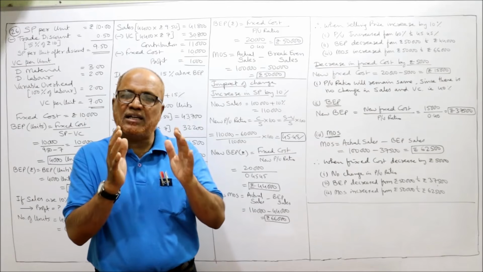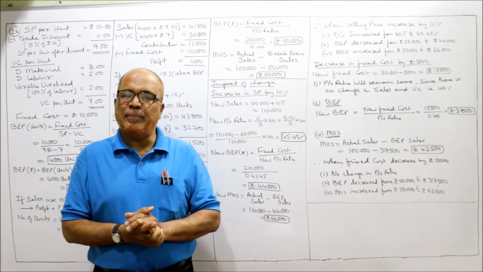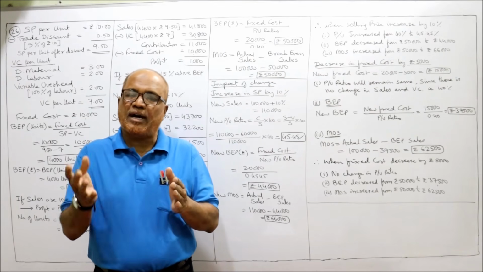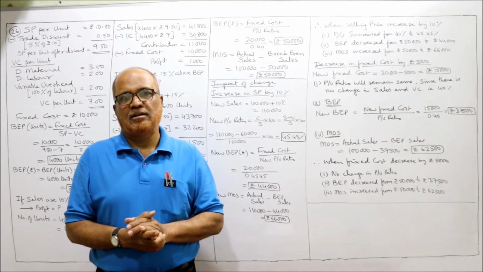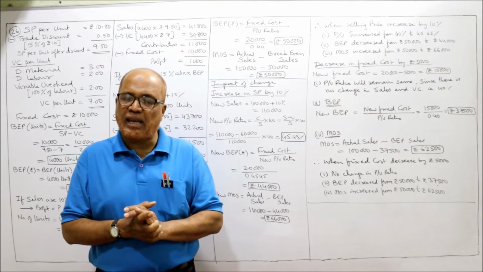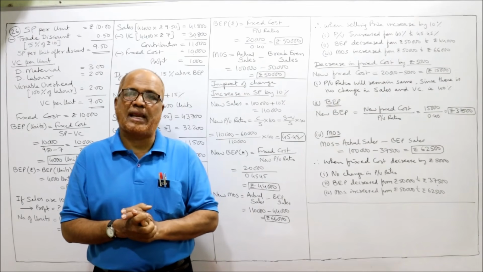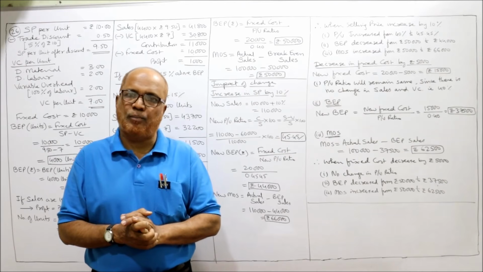In the first attempt itself you may not be able to understand perfectly, but after listening and watching, try to do it yourself independently, then only you can get the command. This is a very important topic, not only for graduation level but also for post-graduation level. This managerial accounting subject itself is very important.